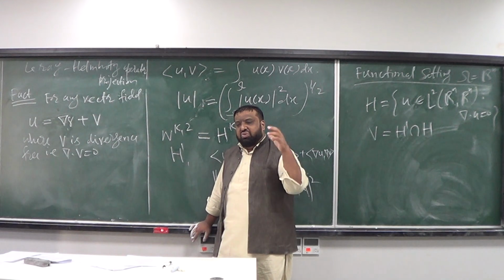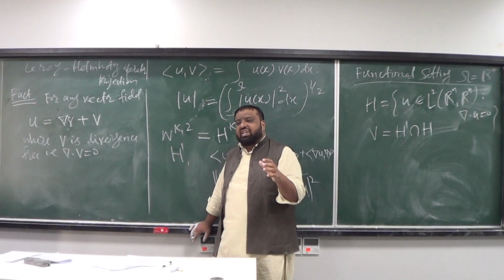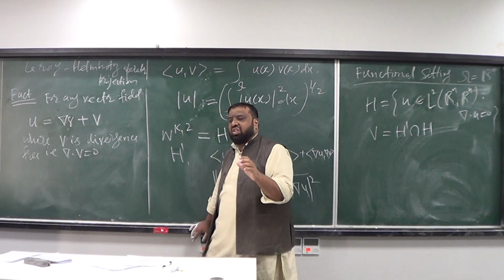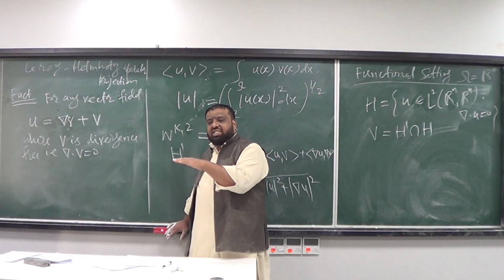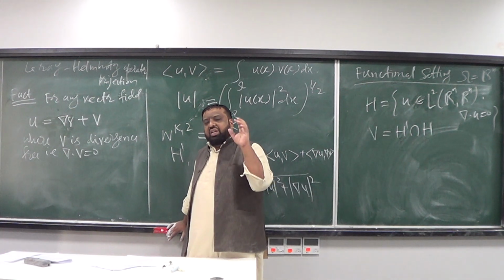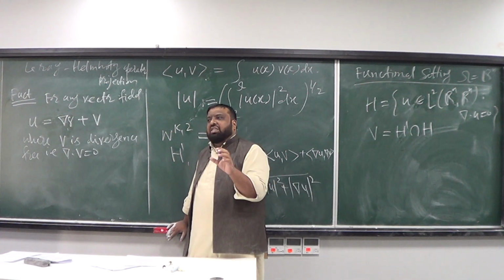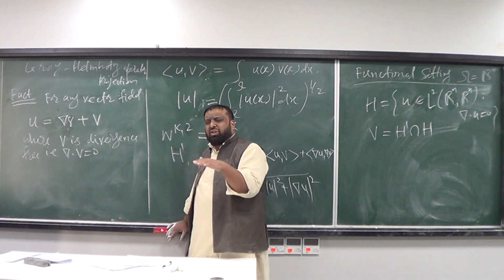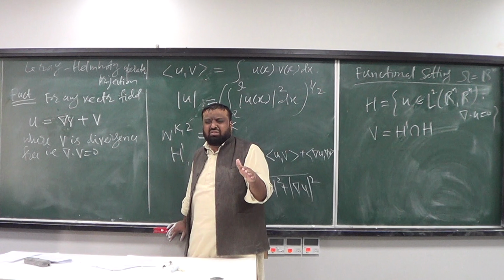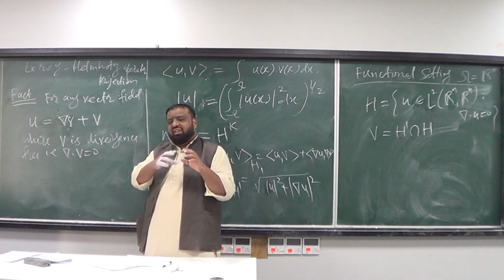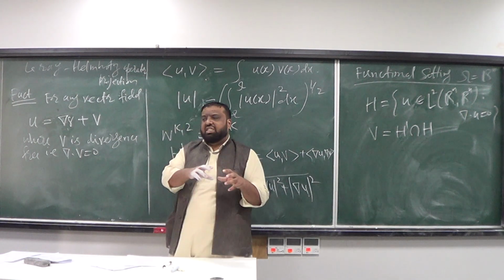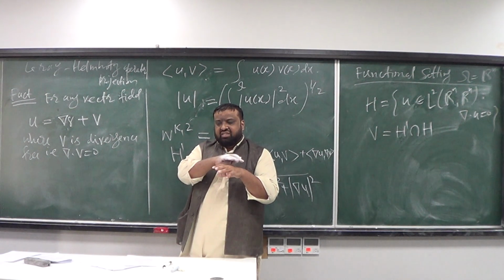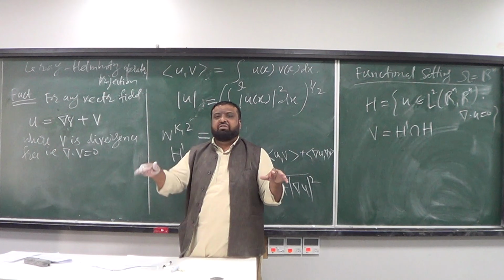You can take a square integrable vector field and project it onto the space of divergence free vector fields. So the entire L2 space can be projected onto the space of the divergence free vector fields.